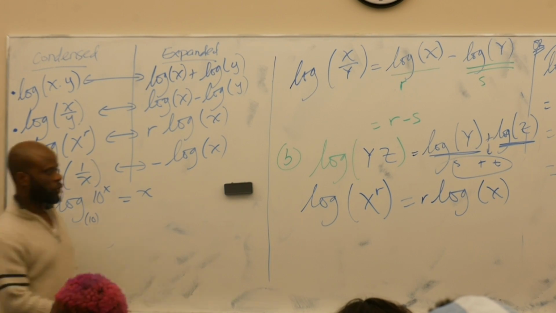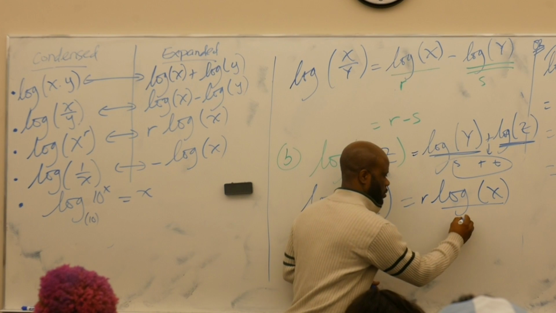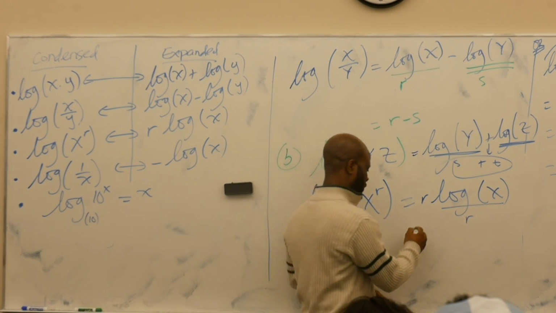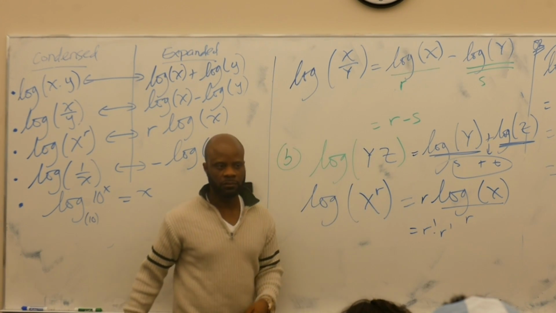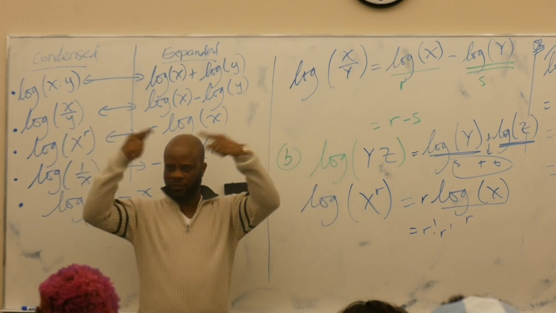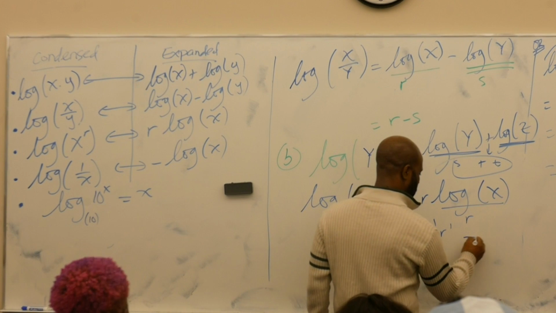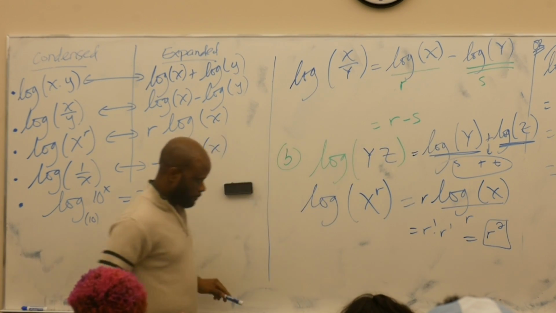We're good? So we say wherever we see this thing, what do we put? We already have one r here, right? So this is this r times this r. Properties of exponents: when we multiply, same base, we add the exponents, right? So 1 plus 1. That's how they got it.